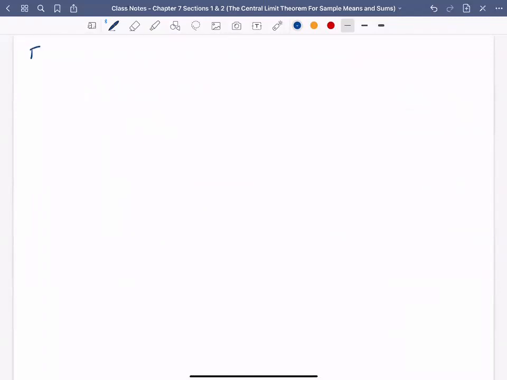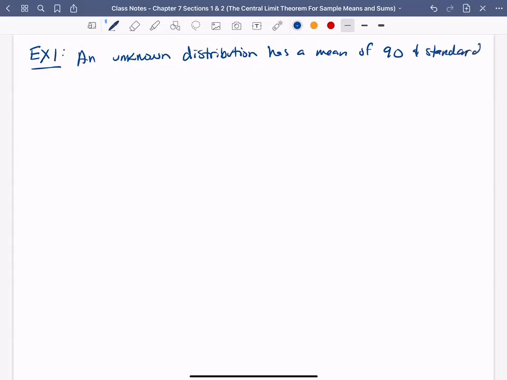All right, so example 1. An unknown distribution has a mean of 90 and a standard deviation of 15.